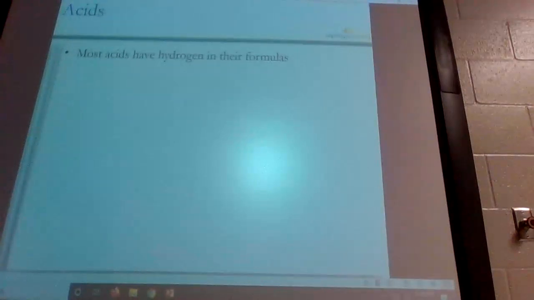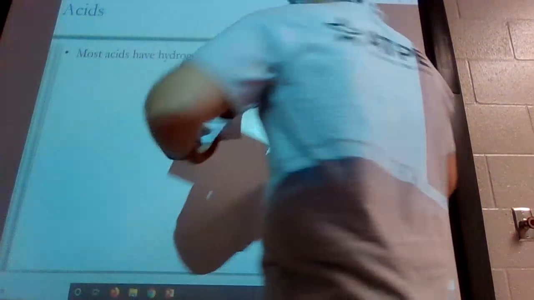Instead of the "ide," we're going to add "ic" to the end of the non-hydrogen element. So hydrochloric acid. And we do include that as part of the name because we're telling people that it's an acid. After the ic, they have the word acid.